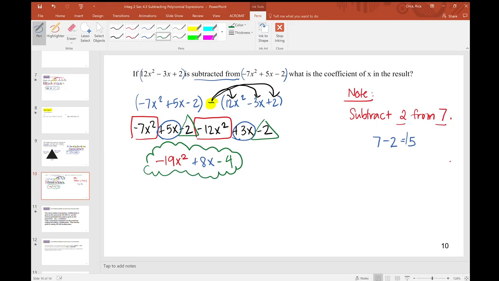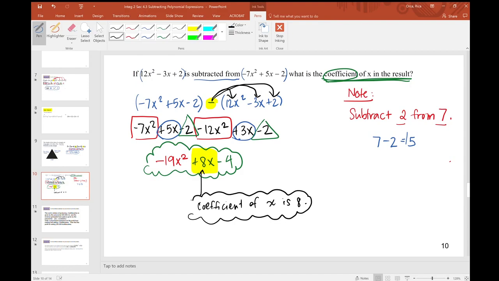However, we're not done, because if you read the problem, it wants us to find the coefficient of x in the result. The word coefficient represents the number that goes in front of x. So the coefficient of x, this is what we want to look at. The coefficient of x is simply 8. And so the final answer is 8.